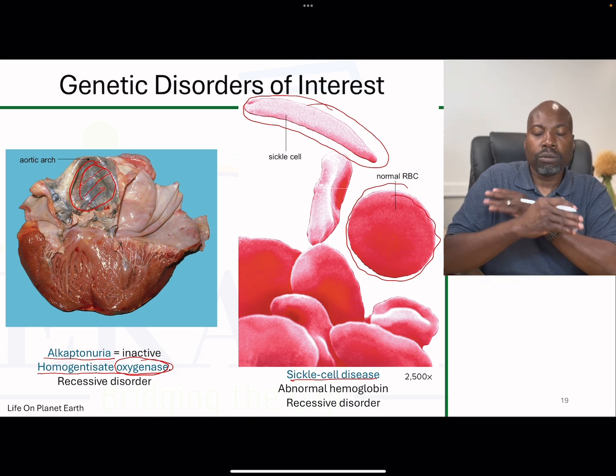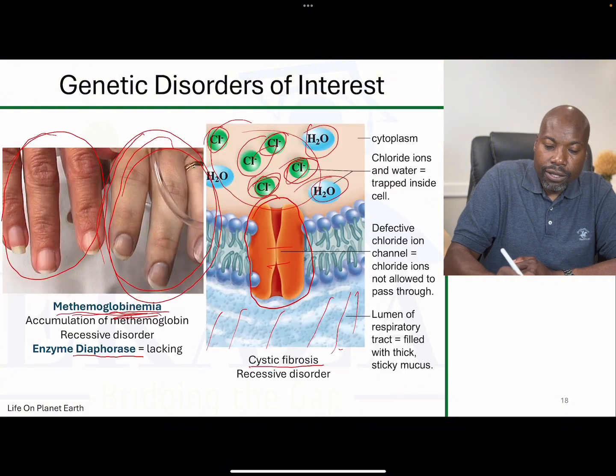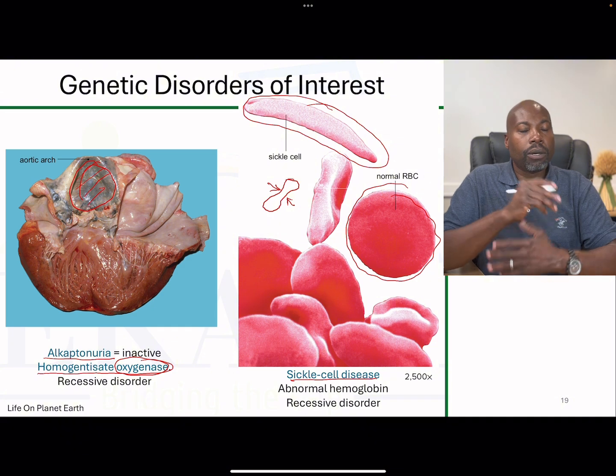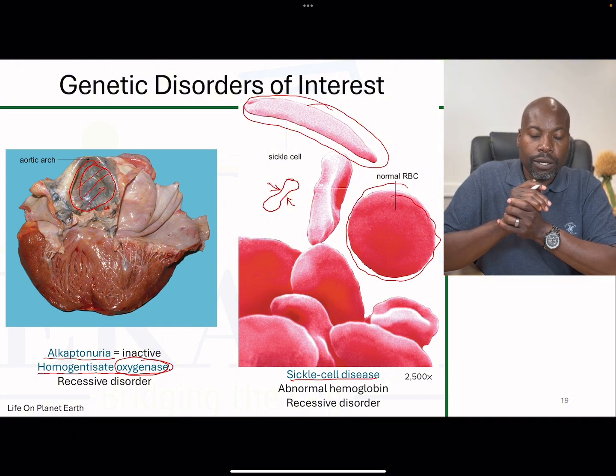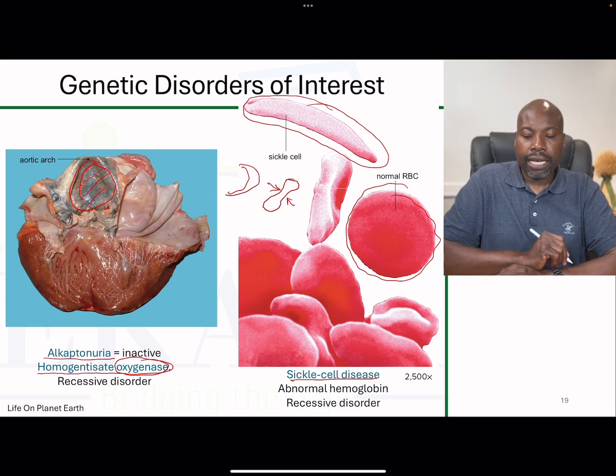If we were to represent the cell at another angle, the cells would actually look like this. Okay? Biconcave, that would be the look of the cells, while the abnormal cells are basically the shape of a sickle like this. Okay?